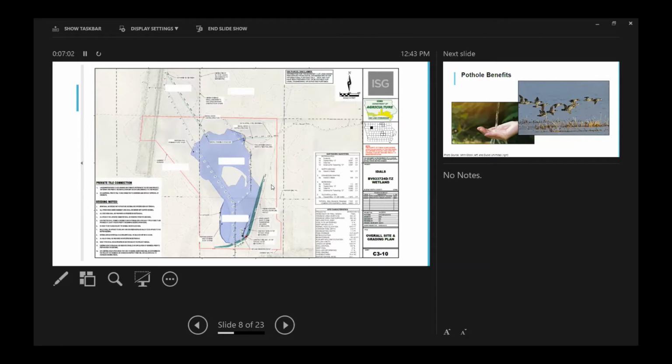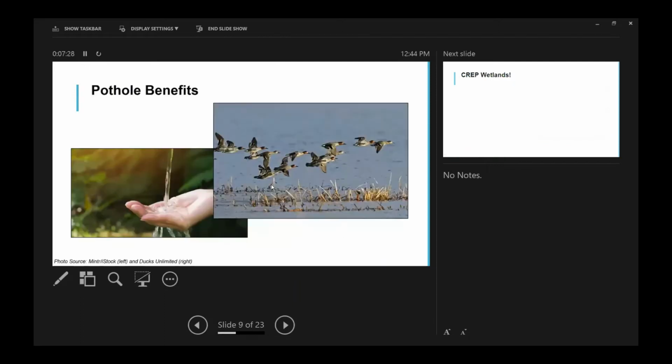Some of the big constructed wetland CREP projects that we'll talk about are really great projects, but they require a really significant amount of dirt work or earthwork. Where these, we really don't have that much, right? It's just relaying some tile and maybe doing a little bit of grading and shaping. But yeah, really a neat type of project.